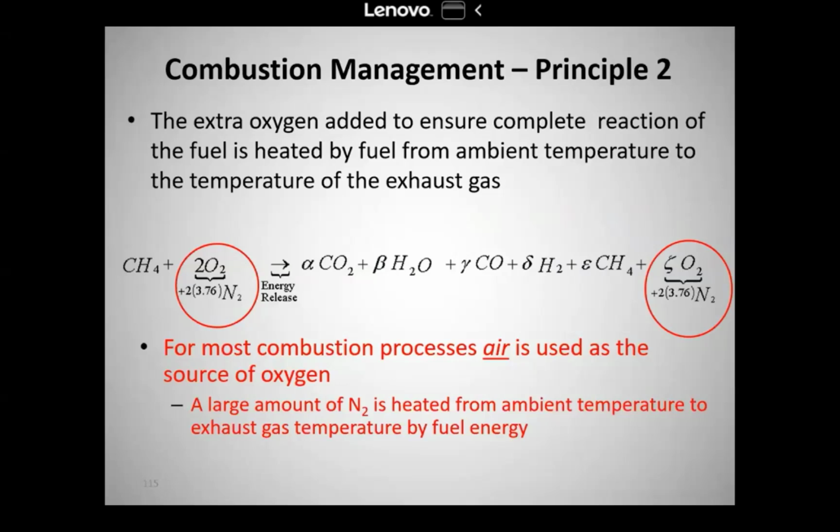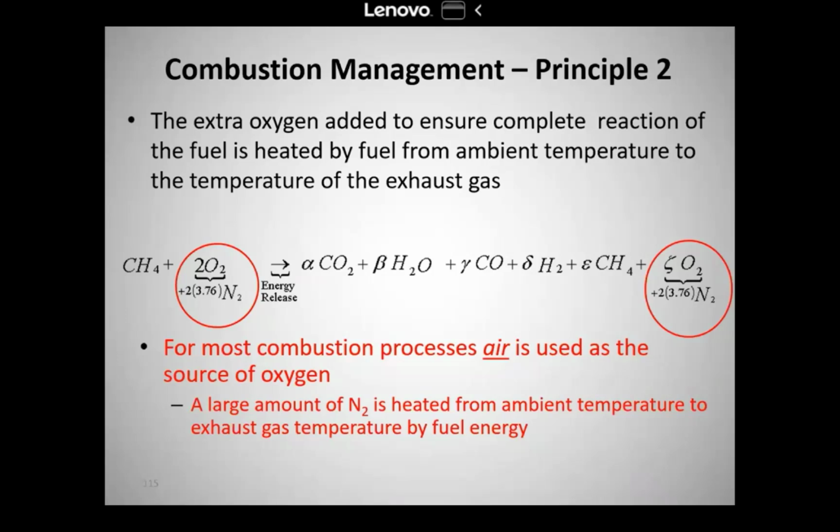To get 1 mole of oxygen, we have to bring in 4.76 moles of air, and 3.76 moles of them are basically nitrogen and trace gases. You get some water vapor too, but that's a separate accounting. We usually think about this as dry air coming in.